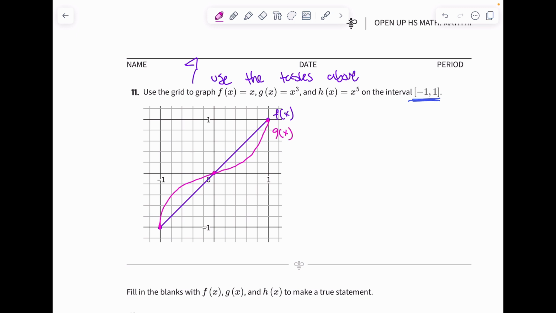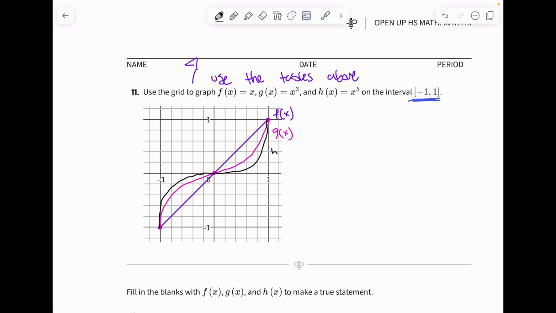And last but not least, I need to think about how h of x looks, right? So h of x is a quintic function, which we probably haven't really explored much. But okay, so h of x looks something like this, and then like this.